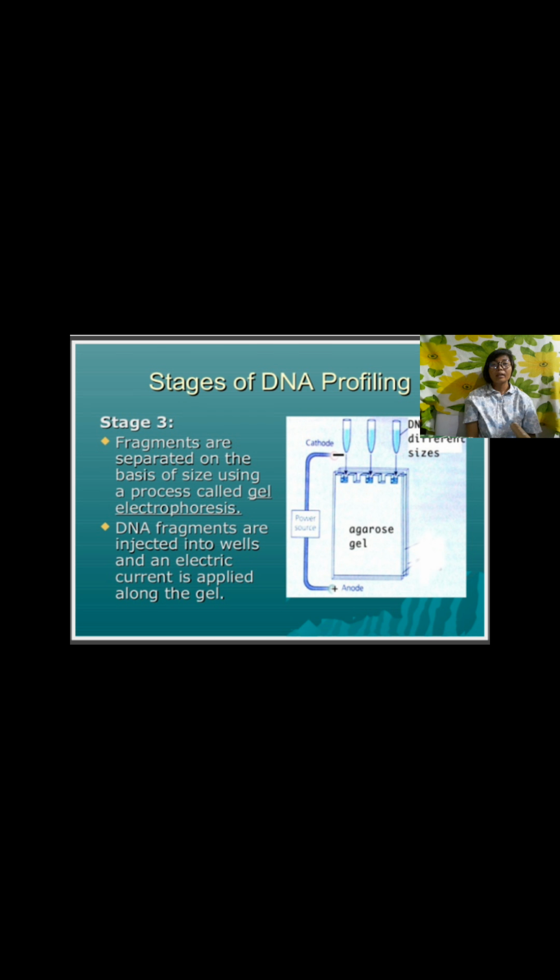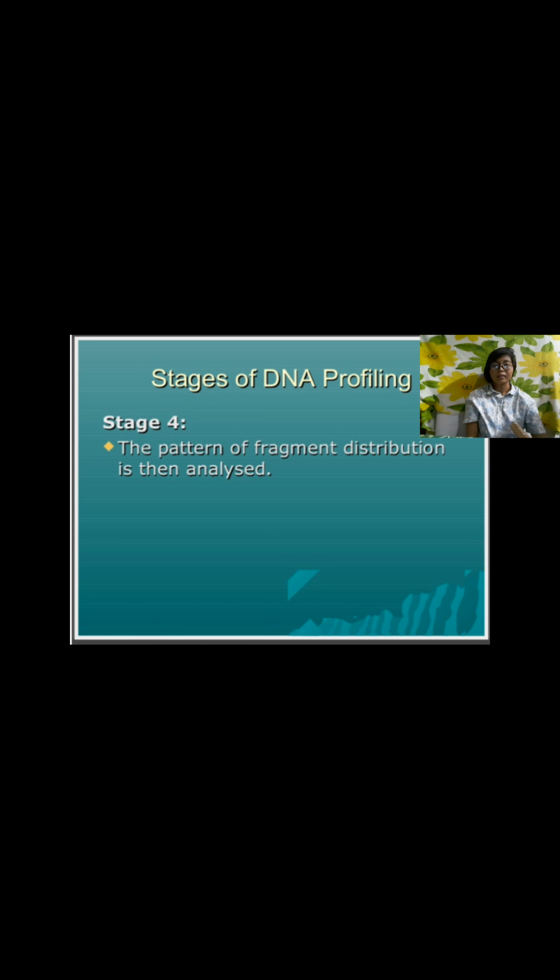Next is probing. Adding radioactive or colored probes to the nylon sheet produces a pattern called a DNA fingerprint. The DNA fingerprint is built by using several probes, 5 to 10 or more, simultaneously. Stage 4: the pattern of fragment distribution is then analyzed.